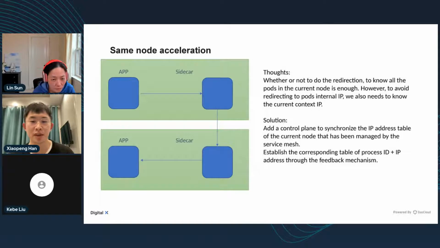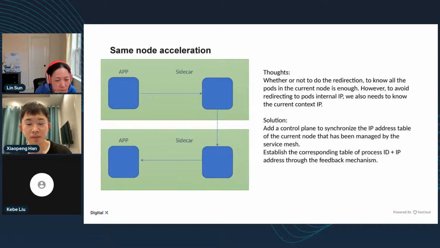On the next slide, we have some thoughts and solutions. To solve this challenge, first we add a small control plane to watch all the ports that we have in the current node, and then we will know if we need to do the redirection or not. Then we design a feedback mechanism to make a relation between the current process and its IP address.